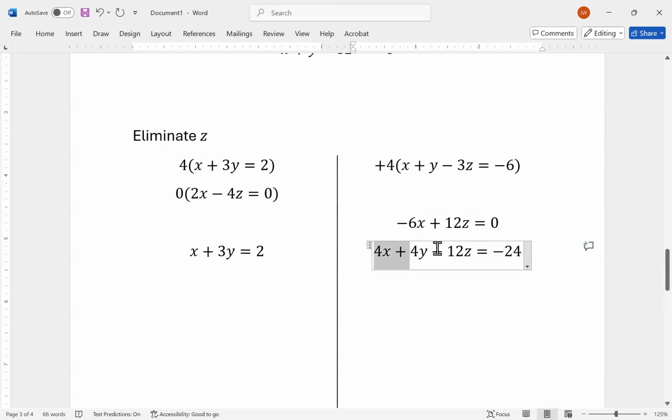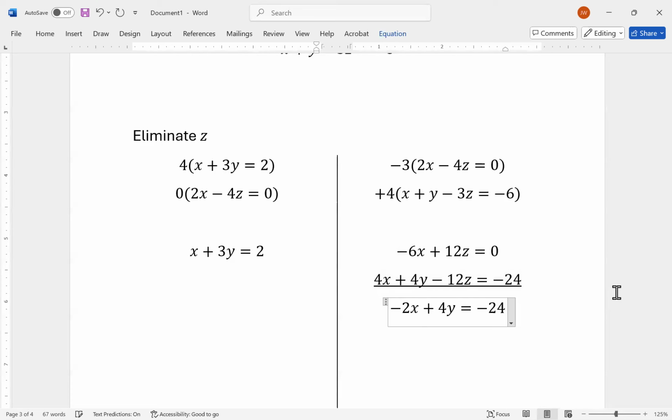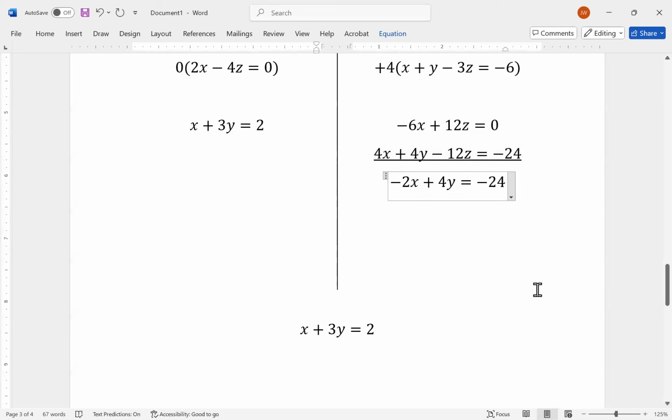Add both of these equations together. The z's cancel out. 4x minus 6x becomes -2x. The 4y doesn't have anything to combine, and that's set equal to -24. So that's what we end up with as our two equations.